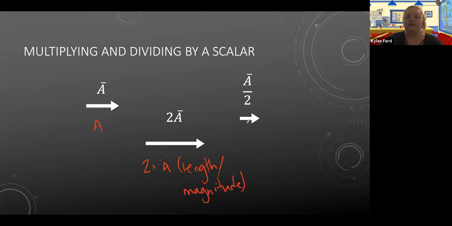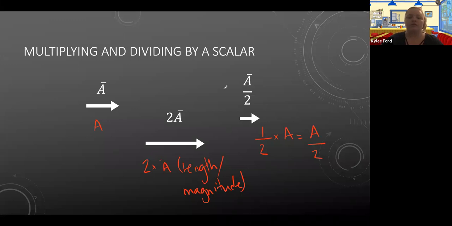Over here, we're doing the exact same thing except dividing by 2. It acts very similar. Now we're saying 1/2 times A, or that length divided by 2. Same basic thing.